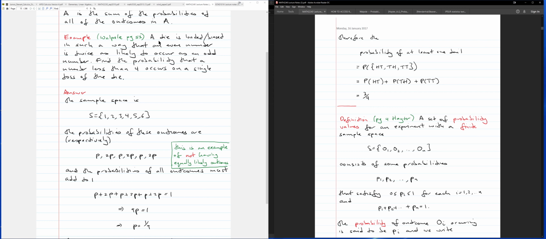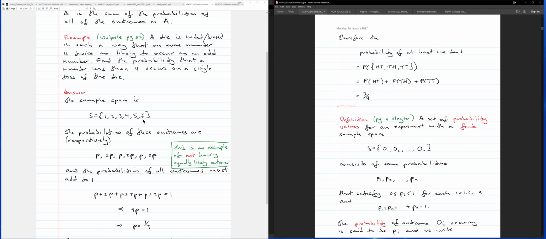Okay, so for this die, what's the sample space? The sample space is 1 to 6. So when you roll the die, the amount of dots you're going to see on the top face would be 1 dot, 2 dots, 3 dots, up to 6 dots, so the sample space we could write as 1 to 6.